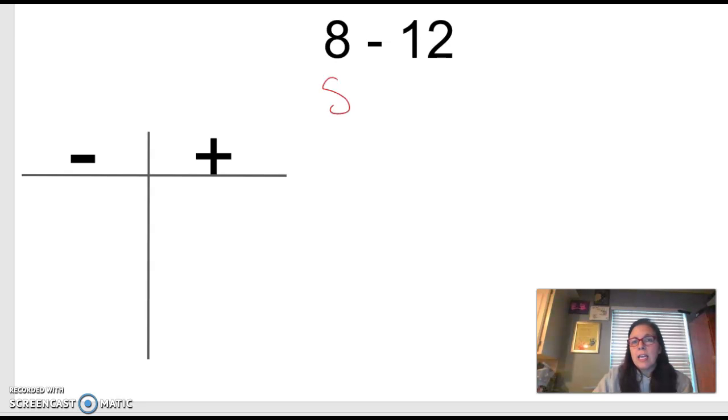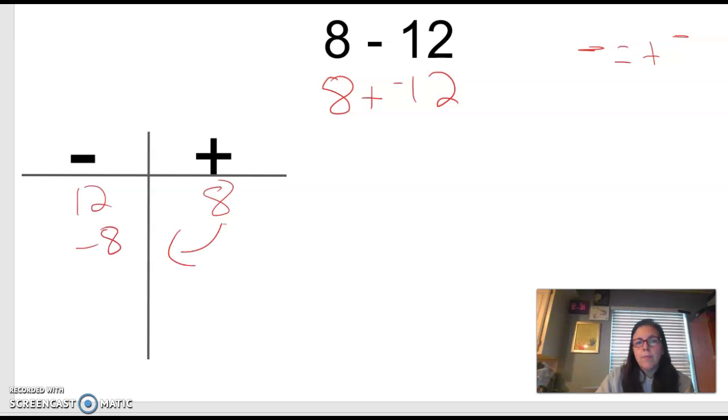Or we can think keep, change this to a positive, change our positive 12 to a negative 12. Remember, a minus is the same as plus a negative. It's the same thing. So then we're going to do 8 and we're going to do 12. We're going to swing it over. And that is going to give us 4. And we had more negatives than positives, so it's a negative 4.